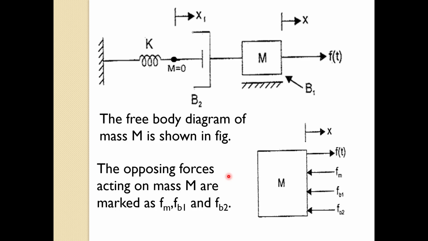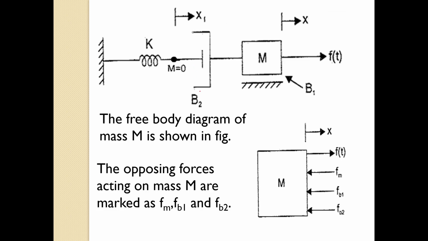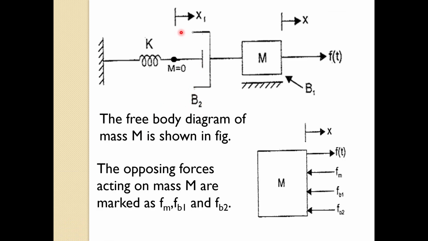So let us apply Newton's second law and write down the force balance equations in time domain. What is Fm now? M into d square x by dt square. Fb2, if you observe in the previous slide, is in between x1 and x.